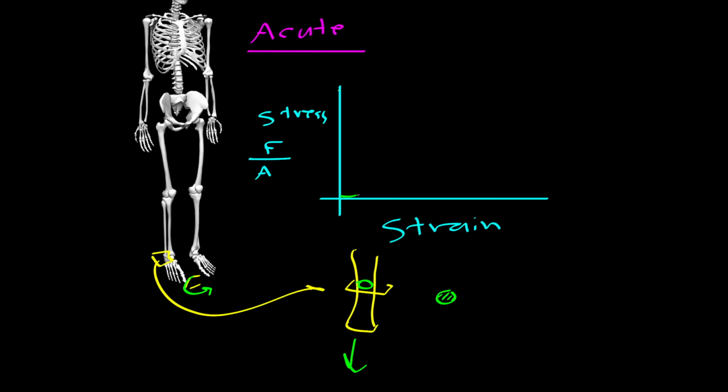There's going to be a little bit of a toe region, and since this is presumably a large, high magnitude, high rate of loading force, we'll probably see a fairly steep ramp up. This is, of course, all happening in milliseconds. And then if there's enough force, we'll get into beyond the linear region. We'll start getting into the plastic region of the material.